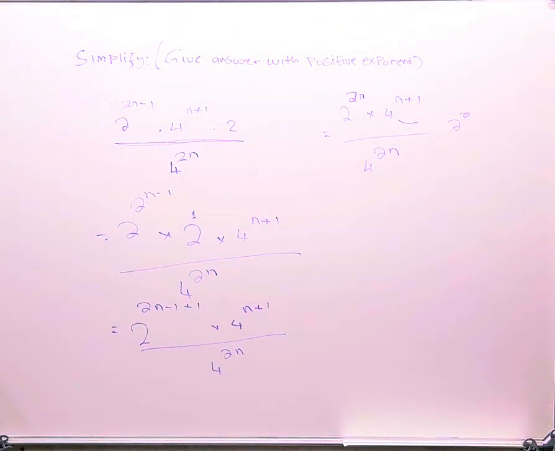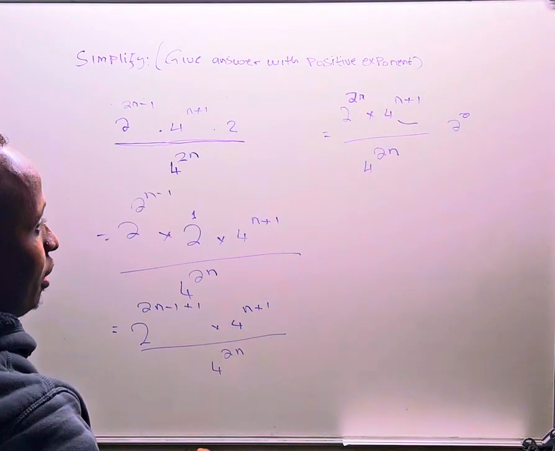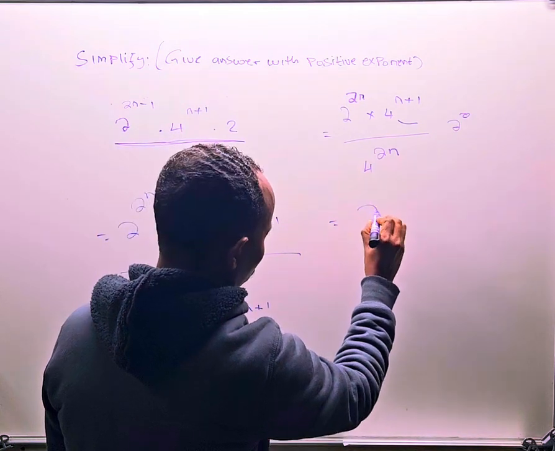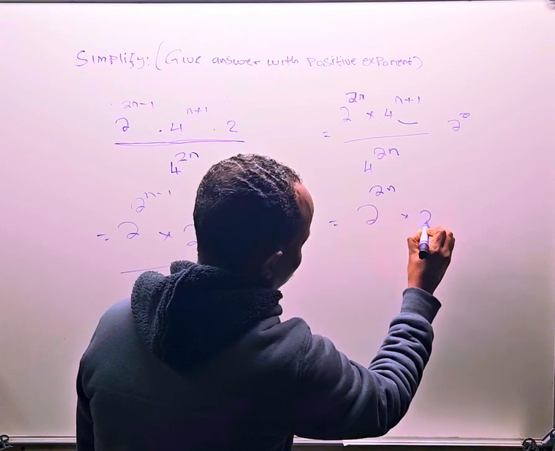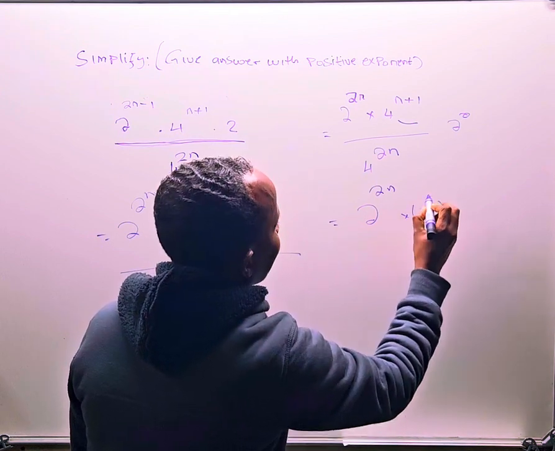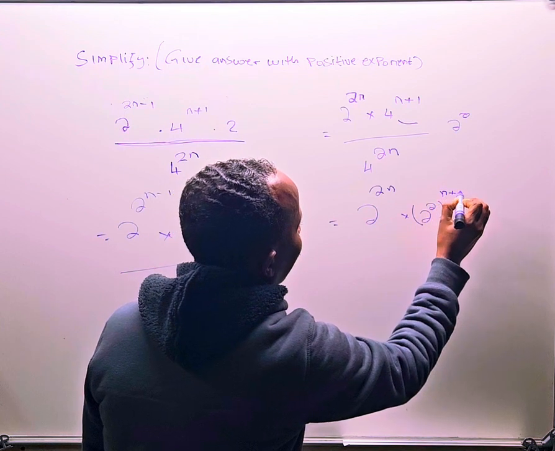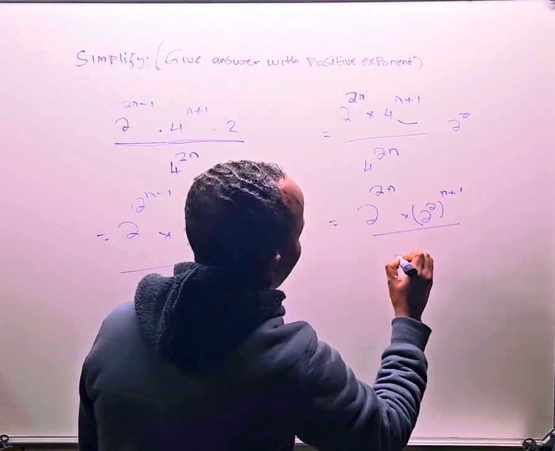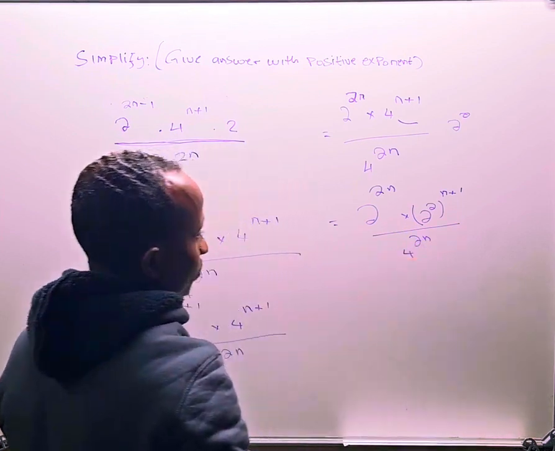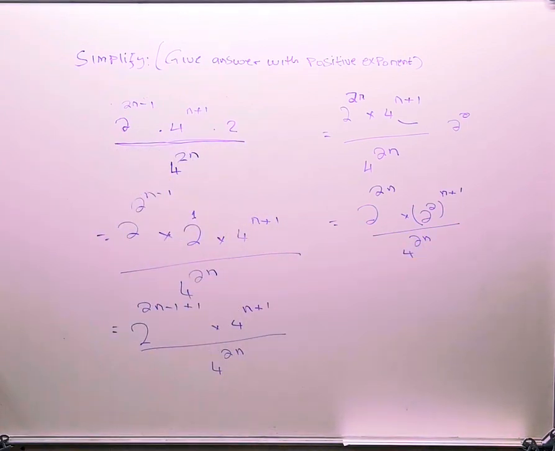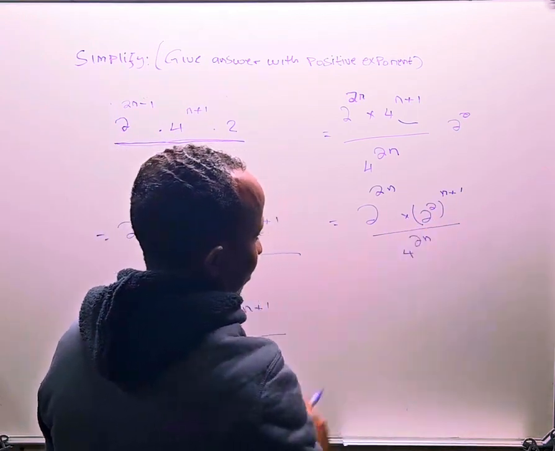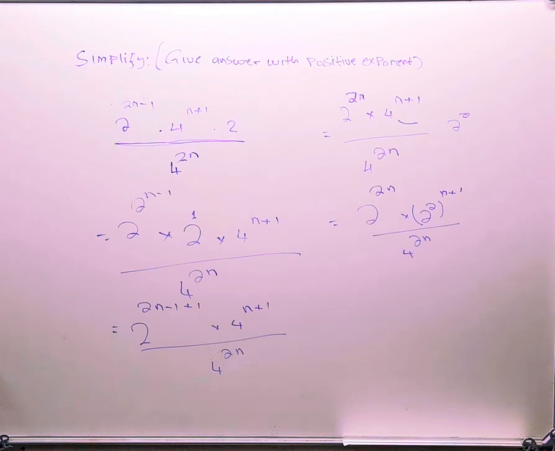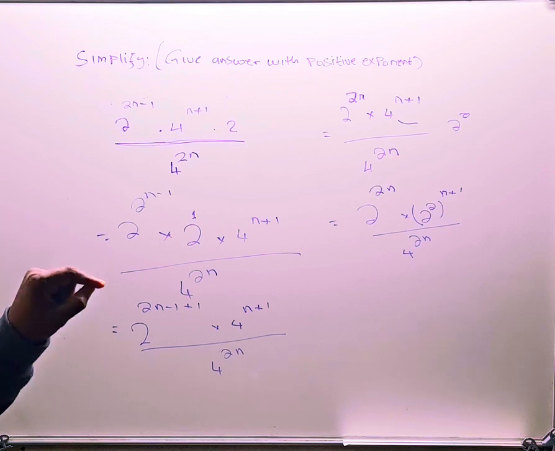Therefore, this equals 2 to the power of 2n times (2 squared) in bracket raised to the power of n plus 1, over 4 to the power of 2n. Now, I have the same base on top, but I still have a problem because there is a bracket, and that's the law. You always need to remember, if you make the base the same and you convert one power, that power must be in bracket.